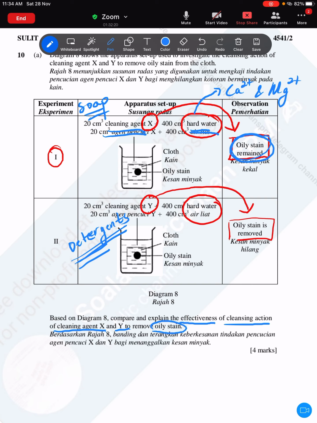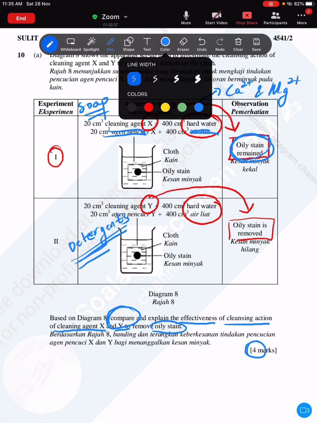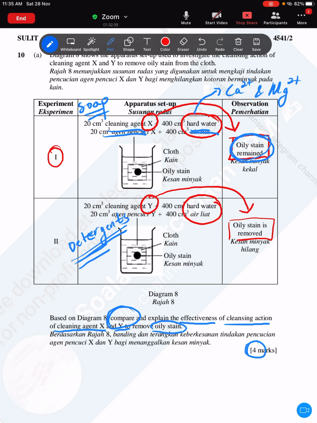Guys, 4 marks, and I really encourage my students, if you have compare and explain, please do this type of question in a table form. You can use the table form, but please give complete sentences.